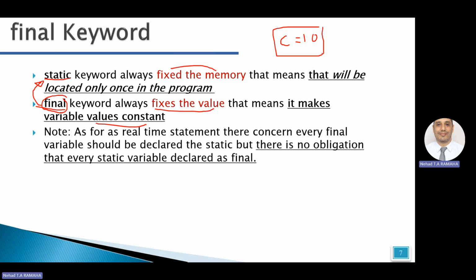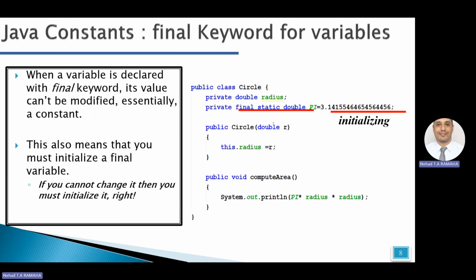So we put static after final, to make the value stored in the memory only one time instead of storing it with every object. Okay, so when we define constant value like this one, we make it final and static. Okay, there is another issue.